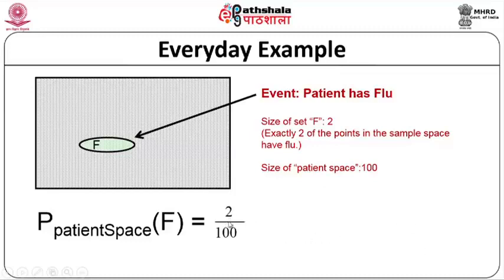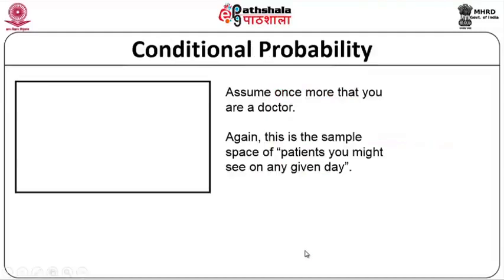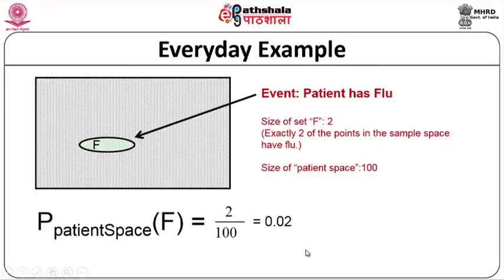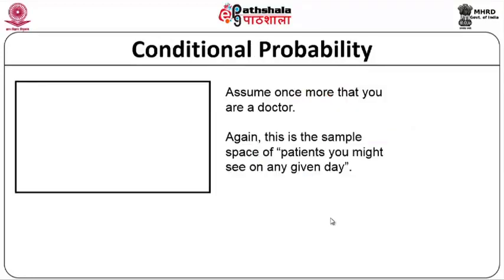So, it will be 2 divided by the total number of patients, which is my patient space, which is equal to 0.02. So, we are trying to define an event based on its probability or chance, and this chance will help us to quantify the probability of a given event. Having understood simple probability, now let us understand what conditional probability is.